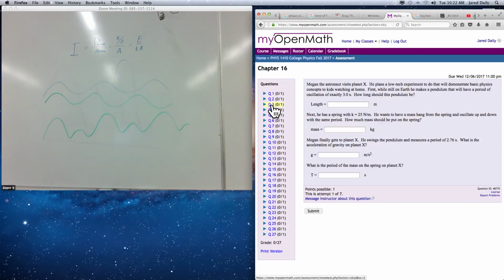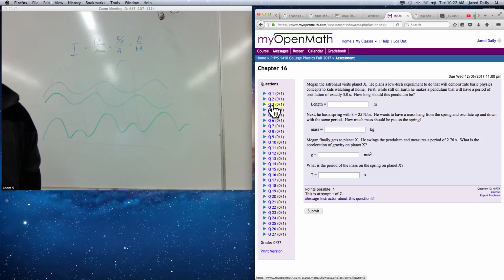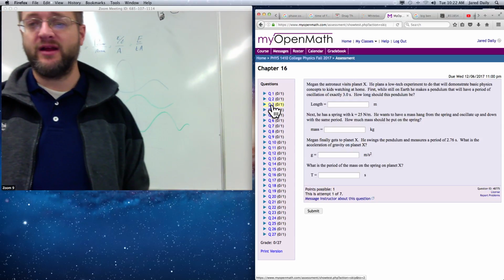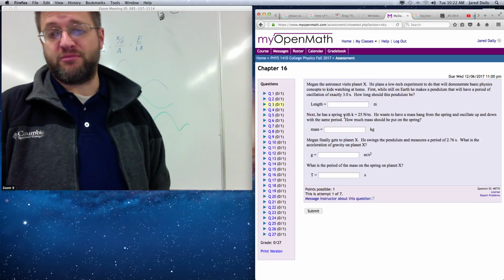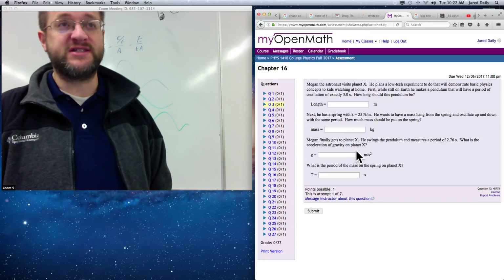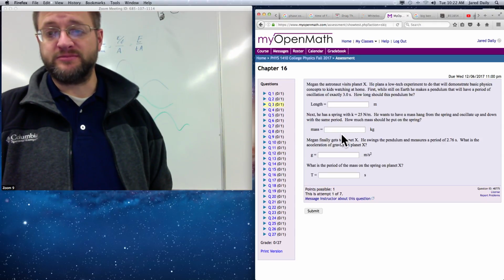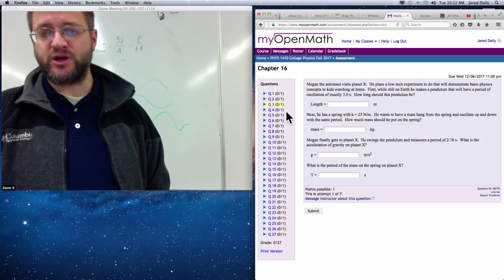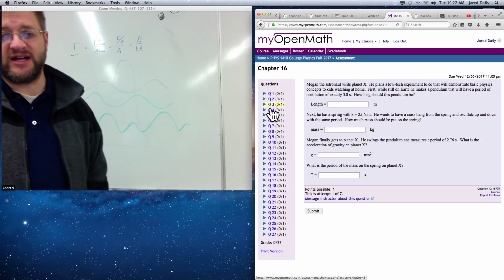How long should the pendulum be? You should know how to do that now, right? Because you have an equation that tells you the period is related to the length of the pendulum. That equation was something like period equals 2π times the square root of L over g. So you have an equation for that and you're pretty much done. This whole problem is just that equation. Well, he also does a spring and a mass, so you also have to do the spring and mass problem, but it's the same kind of idea.